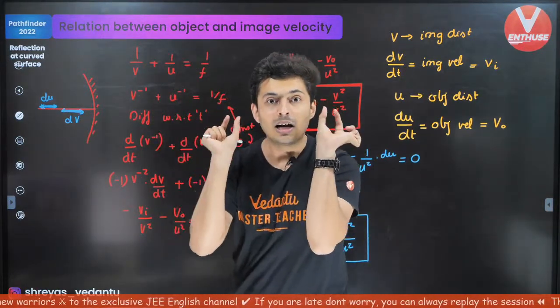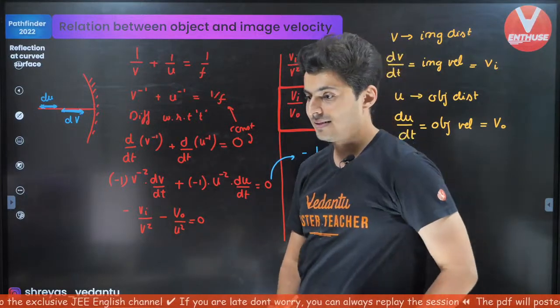So du and dv are all along the principal axis.